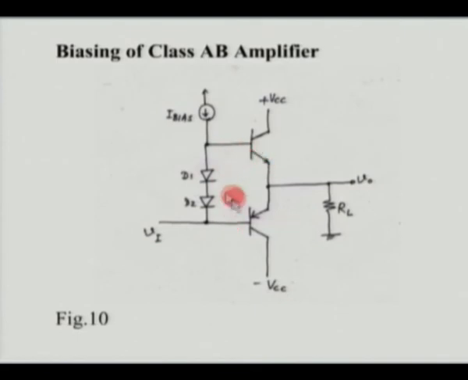That would ensure that we are just at the threshold of conduction, and that gives us fairly large efficiency, but not as large as 78%, and at the same time not as small as 25%. So depending on the biasing here, we would get different efficiencies.